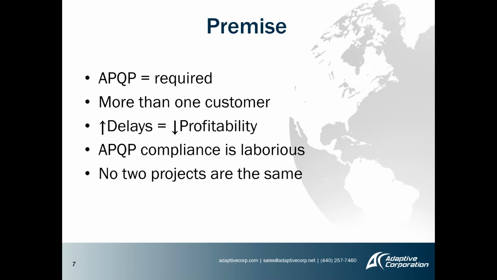On top of that, your quality group probably spends, I'm going to say, at least 40 hours each year convincing each of your customers that you're following their APQP processes to the letter. And again, if you come back up to the second point about wanting to deal with more than one customer, you see how this gets multiplied out.